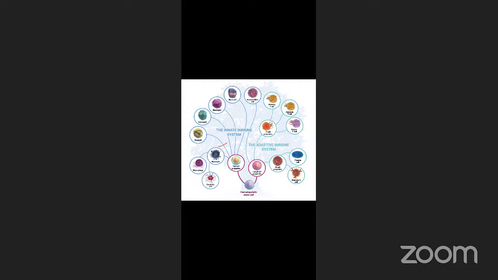They have the capability to migrate from the blood to tissue spaces, and in the tissue space the cell differentiates into a macrophage. In the bloodstream, we call it a monocyte. If it migrates into the tissue space, we call it a macrophage. The same monocyte differentiates into a macrophage.